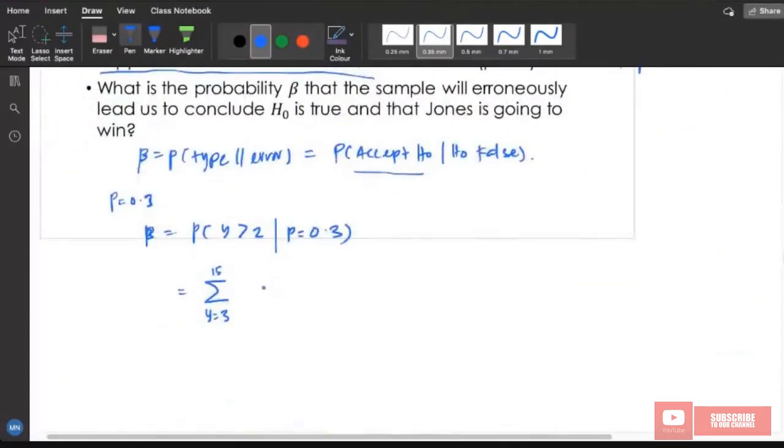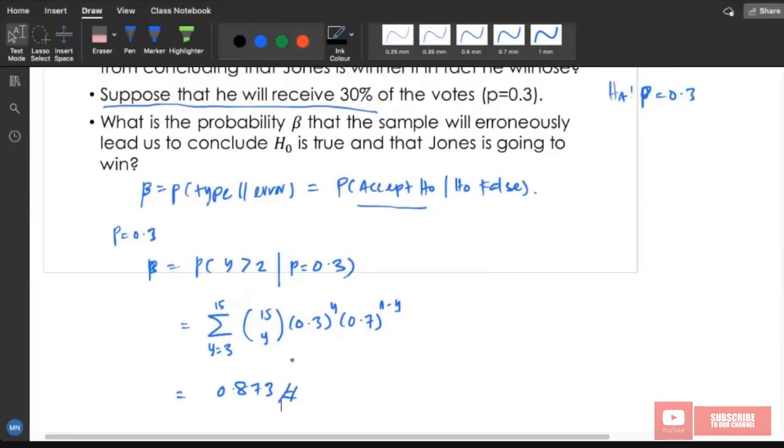So this is the summation, the cumulative probability: 15 choose Y, times 0.3 to the power of Y, times 0.7 to the power of n minus Y. You input this formula into your calculator and you will get 0.873. So this is the probability of committing a type 2 error. The value is quite high, which means that 0.3 might be wrong. So here we can conclude that Jones will win.